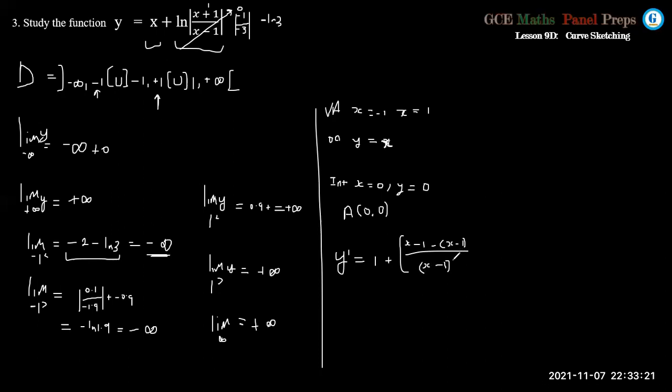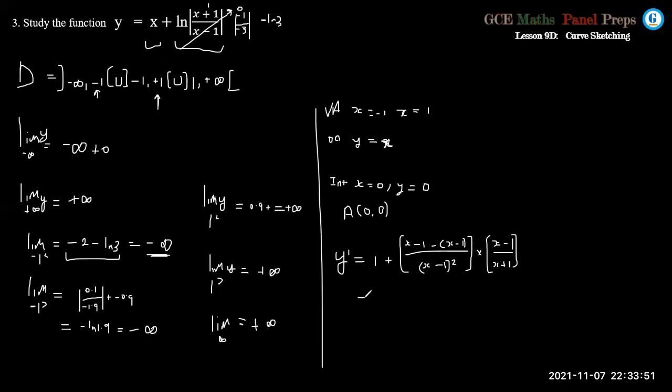Now divided by the core. The core here is x plus 1 over x minus 1. To divide it, I can just multiply by the reciprocal. Any way you do it, you have the same answer. So I'm multiplying by the reciprocal, which is the same as dividing, x minus 1 over x plus 1.